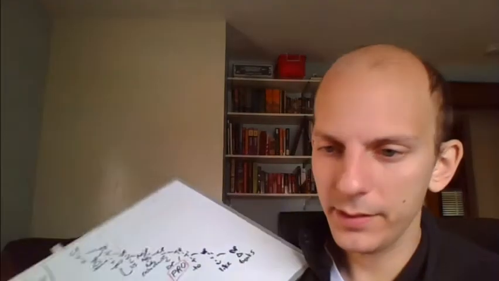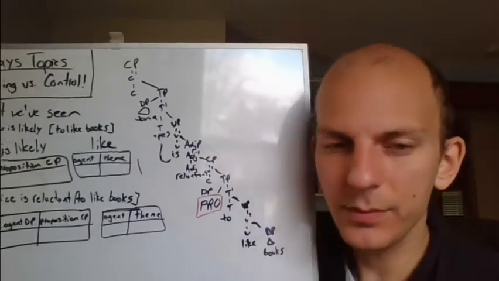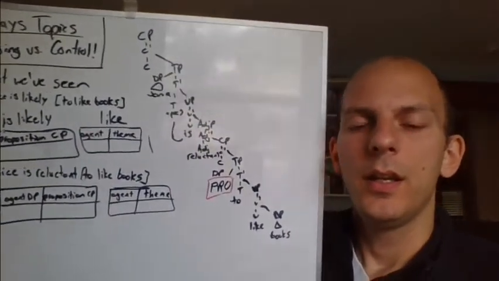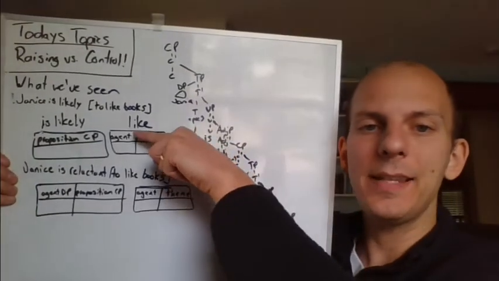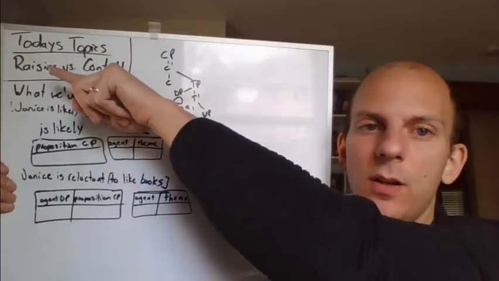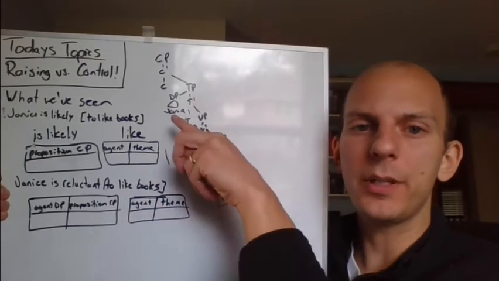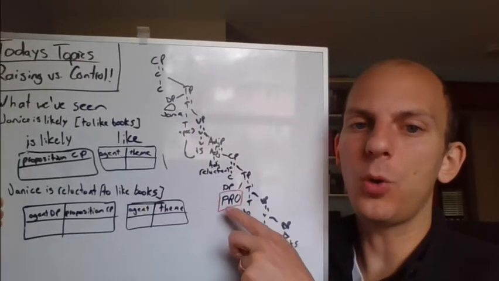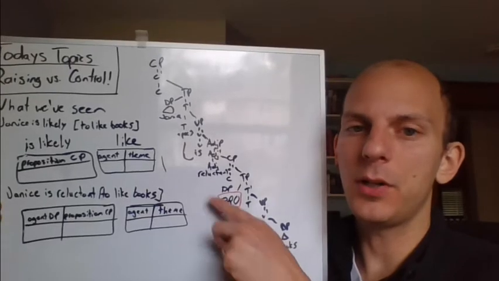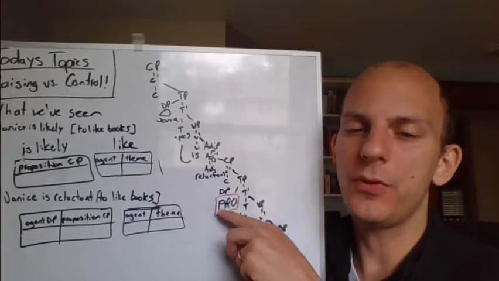It's a DP argument there. How are we doing? We're doing okay. So this one has that raising movement. That's why we call it raising. And this one doesn't. It's got control. We're going to say that Janus is controlling the PRO, big PRO. Janus controls the big PRO.